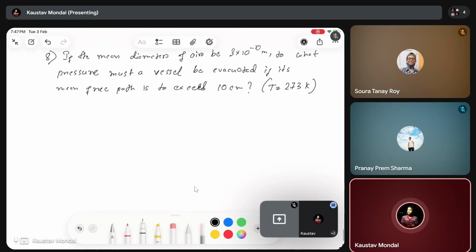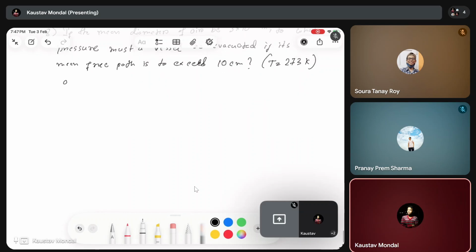The options are option A 0.024 Pascal, option B 0.133 Pascal, option C 0.094 Pascal, option D 0.104.